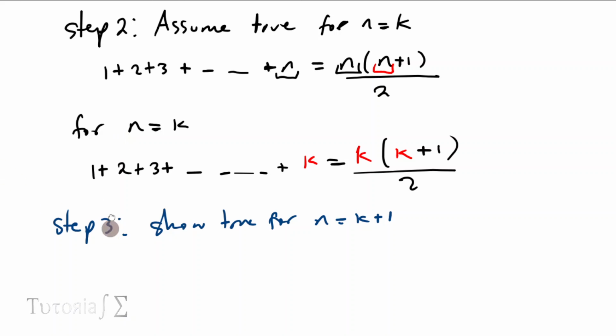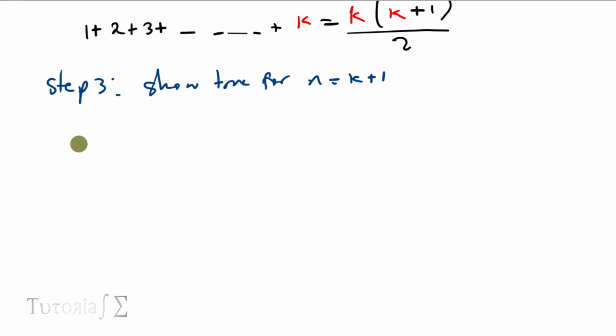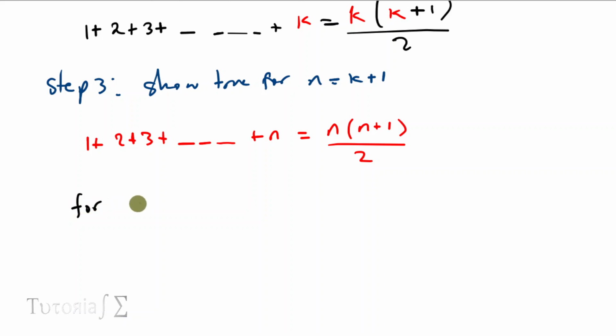Okay, so first of all, we write what we have. So we have 1 plus 2 plus 3 plus all the way to plus n equal to n open bracket n plus 1 all over 2. Then for n equals k plus 1, first of all, when n is k, you're going to have this part.